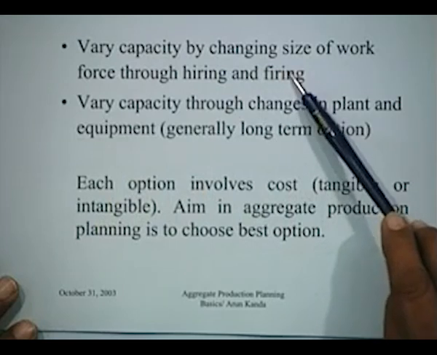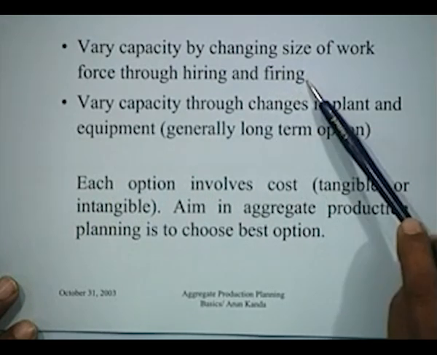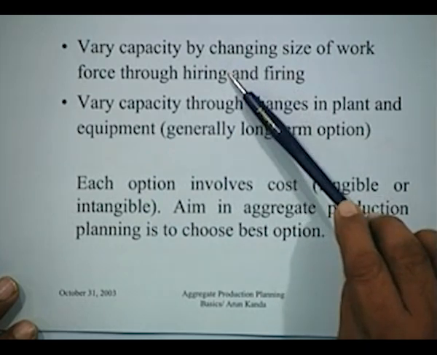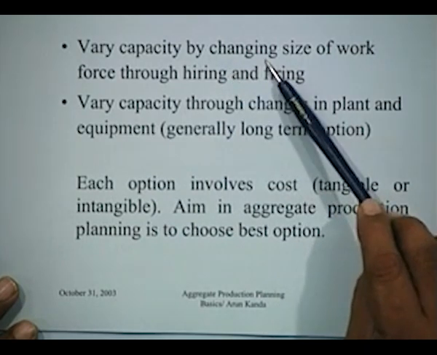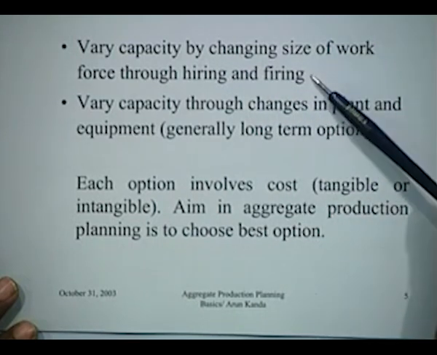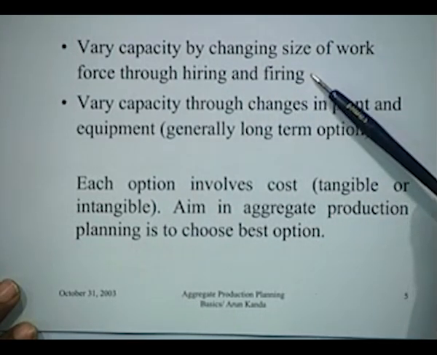So, they are adopting this strategy of changing the size of the workforce through either hiring or firing. Most of the companies fire their workforce, and when there is a need you can always hire the workforce. Changing the capacity by hiring and firing is a very common strategy.